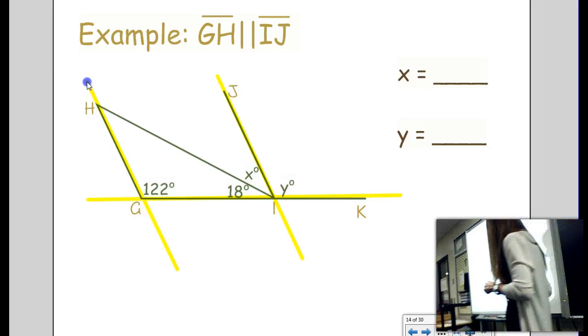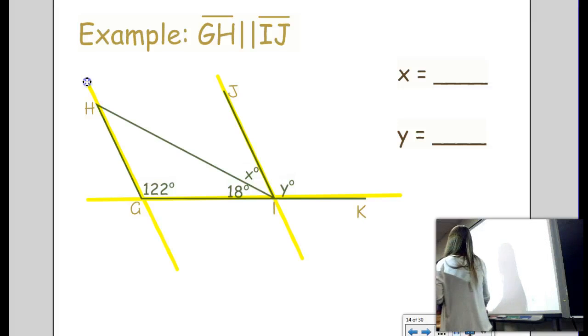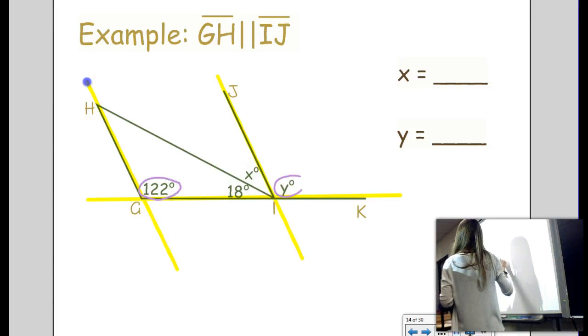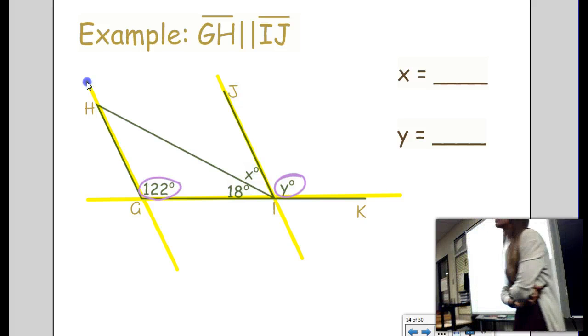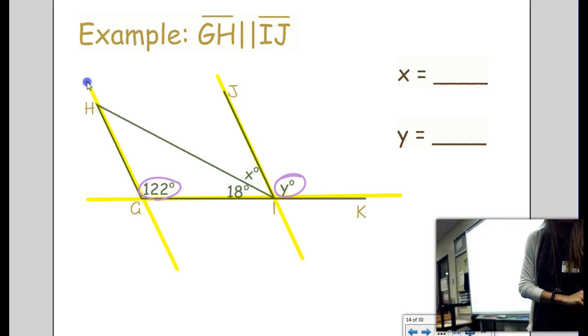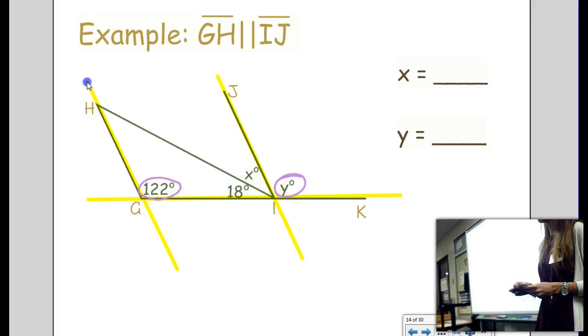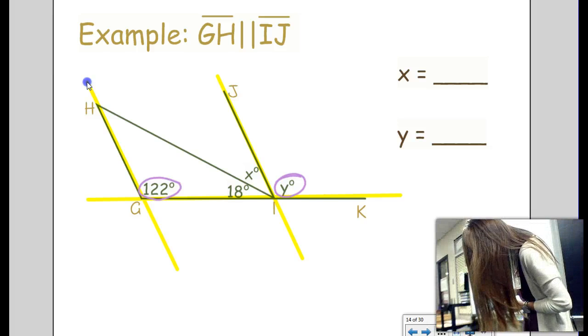Here's where you kind of got to know your vocab. Let's get y first, because that's the easiest one. 122 and y. Richie, what's the vocab word for those two angles? Turn your head sideways.